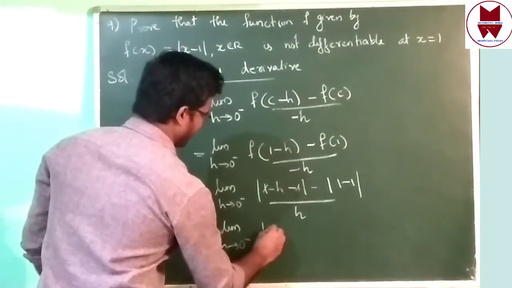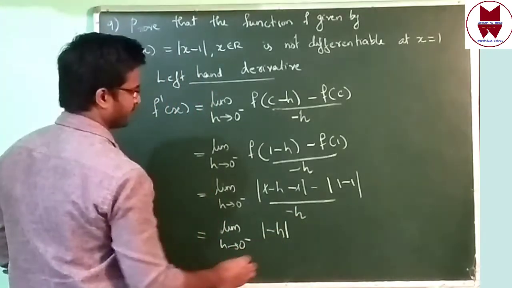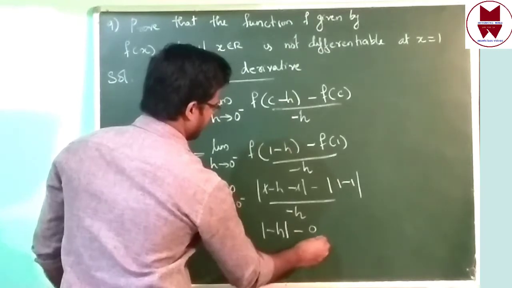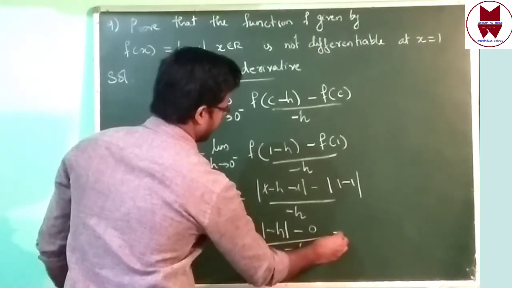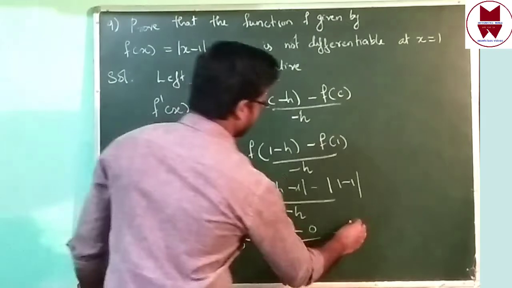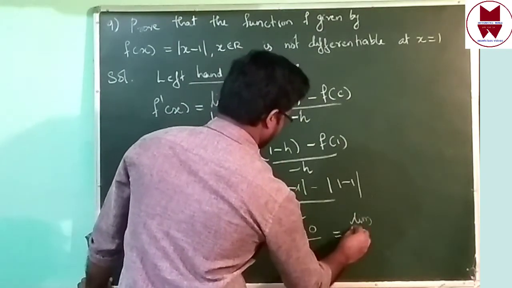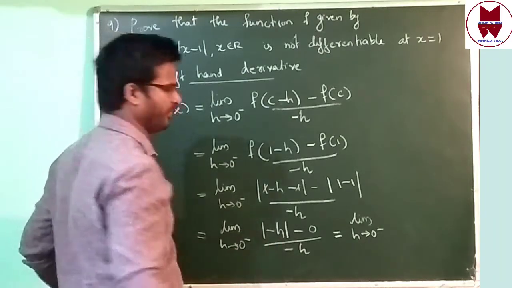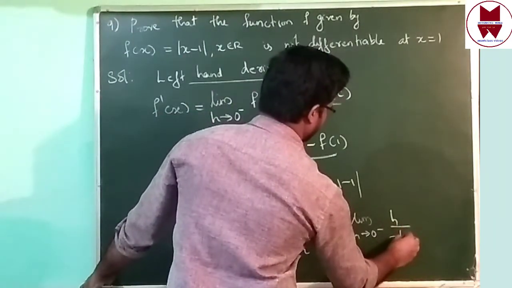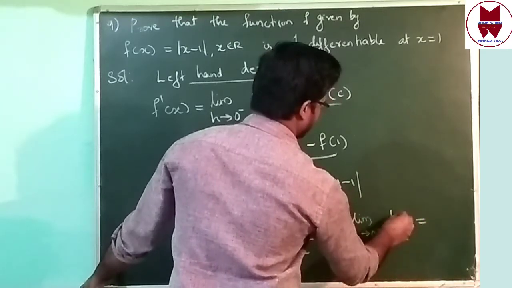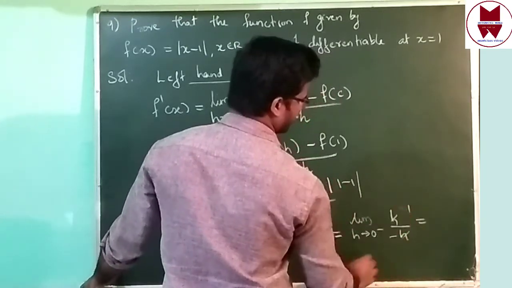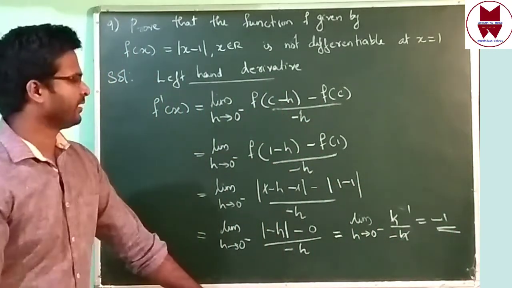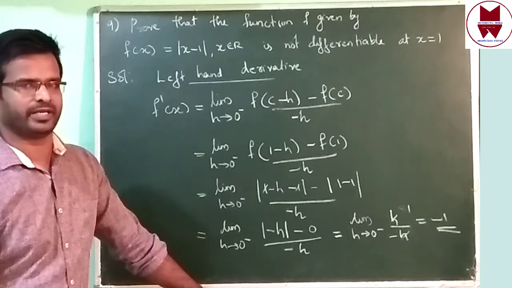Then modulus of minus h, then minus 1 minus 1, 0, divided by minus h equal to limit h tending to 0 minus, modulus of a negative number is always positive, isn't it? h divided by minus h. You will get this cancel, minus 1. That means the left hand derivative answer we got is minus 1.